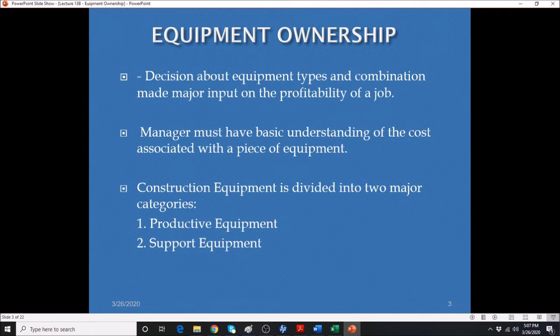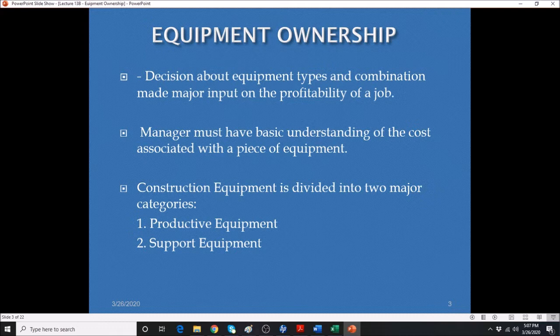An equipment can be acquired in three different ways. The first one is to rent, the second one is owning, that means you're buying a particular equipment, and the third one is leasing. Acquiring equipment depends on the nature of the project, how big the project is, and how long it will take to complete the project.